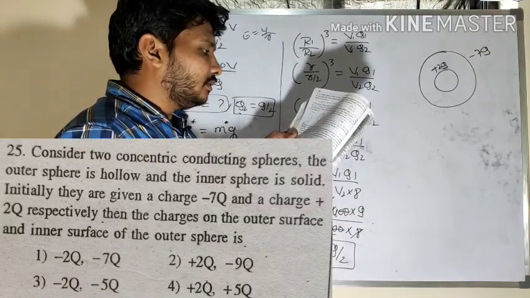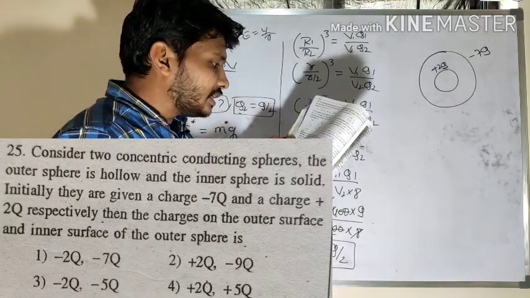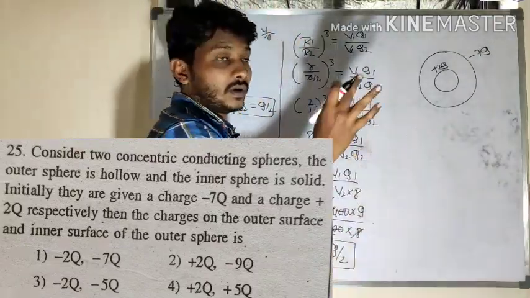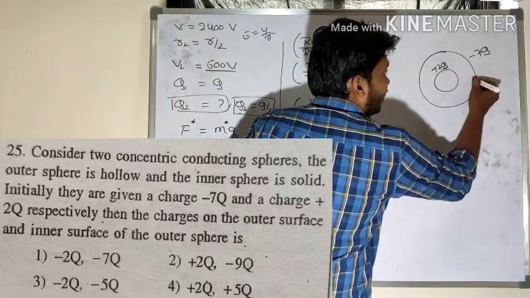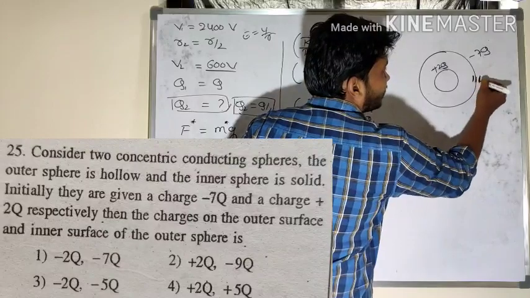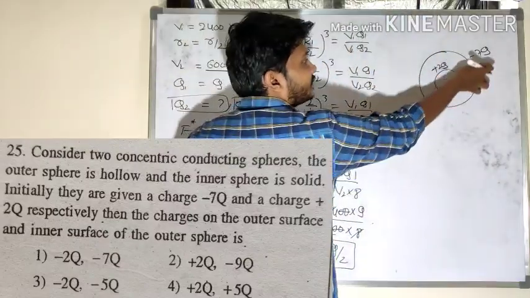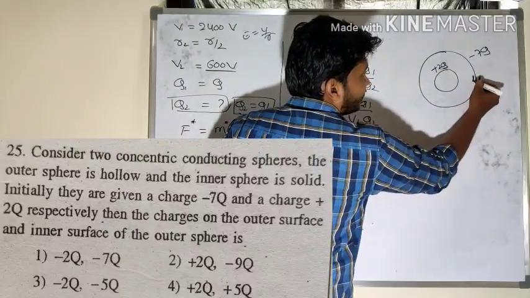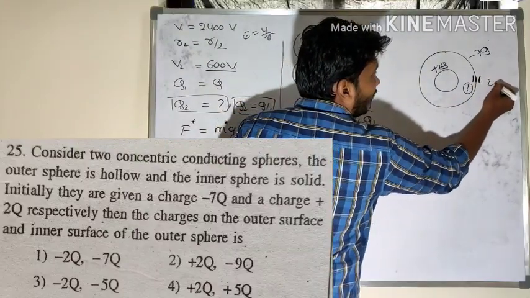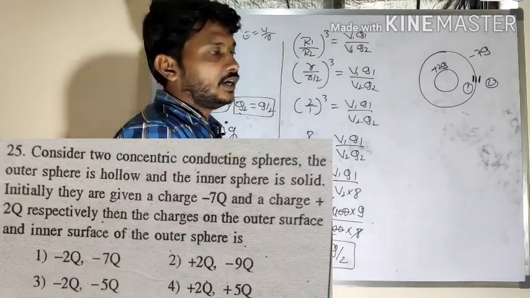Then find the charge on the outer surface and inner surface of the outer sphere. For the outer sphere, I need to determine the inner surface charge magnitude and outer surface charge magnitude.